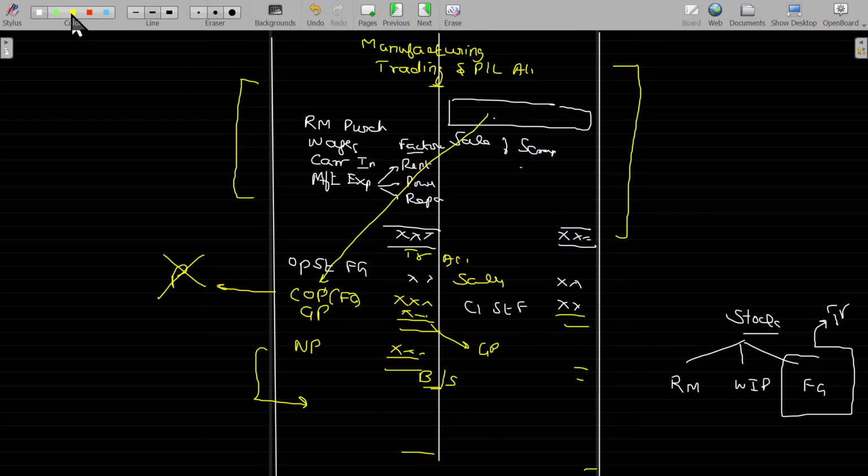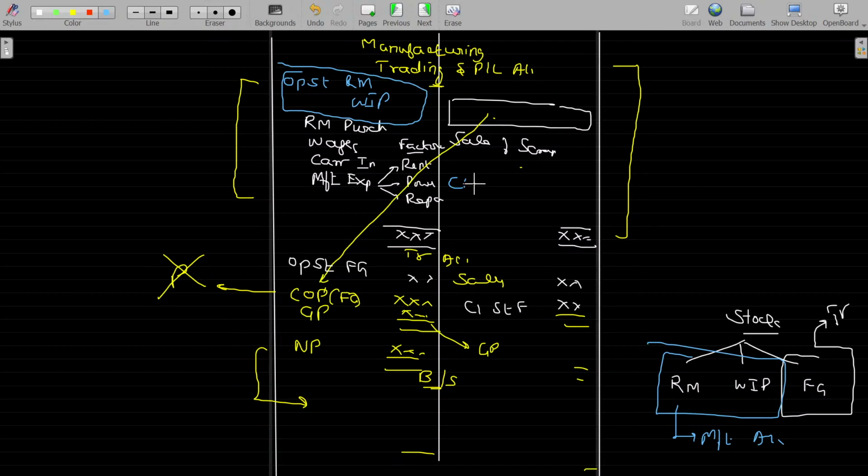In case of raw material and work in progress, these two will come in the manufacturing account. Opening stock of raw material as well as work in progress should be here, and closing stock of raw material and work in progress should be here. Is that clear?